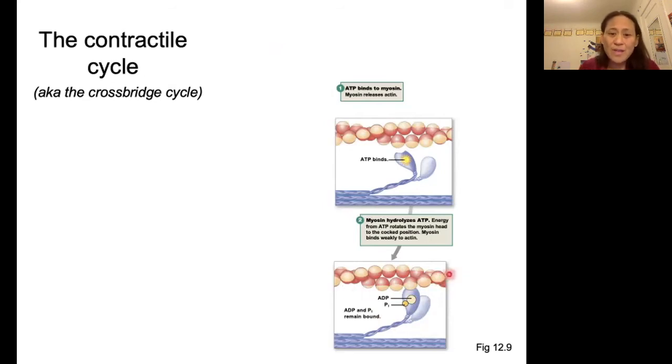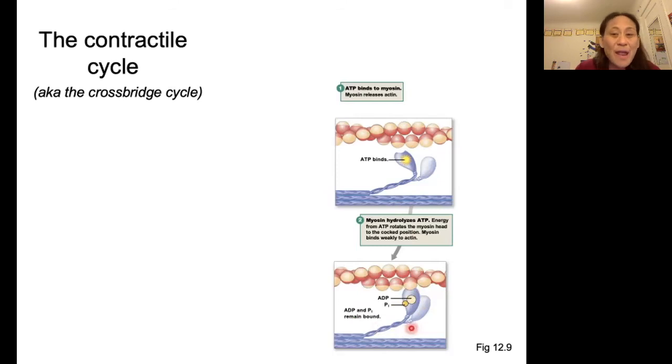Tropomyosin is not shown in this figure, but it is there, partially blocking that binding site between the myosin and the actin, okay? The other thing I want to say is that after we've hydrolyzed ATP, we are still holding on to ADP and inorganic phosphate, okay?